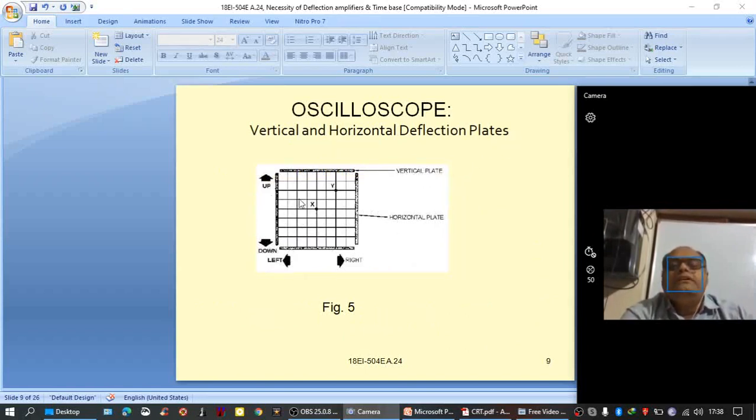These two are horizontal deflection plates. As a result of this, the electron beam starts moving from left to right and right to left, and these two are called vertical deflection plates. Because of these plates, the electron beam moves from center to up, then back to center, down, back to center. It keeps on oscillating in the vertical direction.